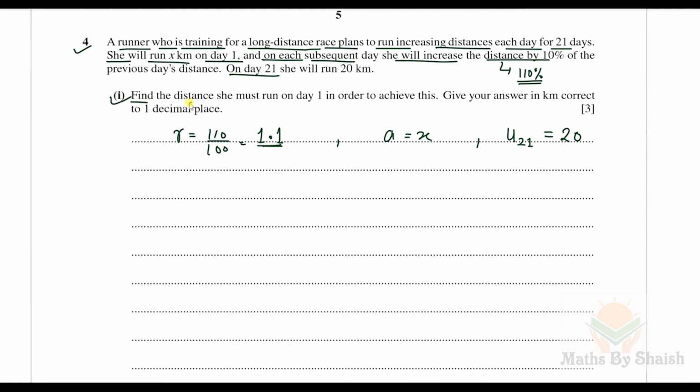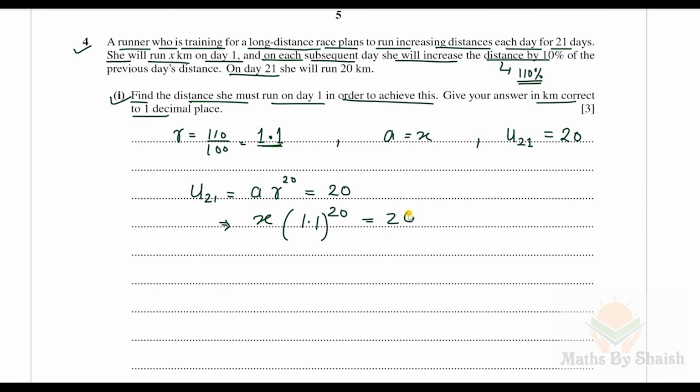Find the distance she must run on day 1, that is, we need to find the value of x, in order to achieve this. Give an answer in kilometers correct to 1 decimal place. So we'll use u21, and we know u21 is going to be a r to the power 21 minus 1, that is 20, and this is given as 20. Hence we substitute the values and we get x into 1.1 to the power 20 is equal to 20, or x is equal to 20 upon 1.1 to the power 20.